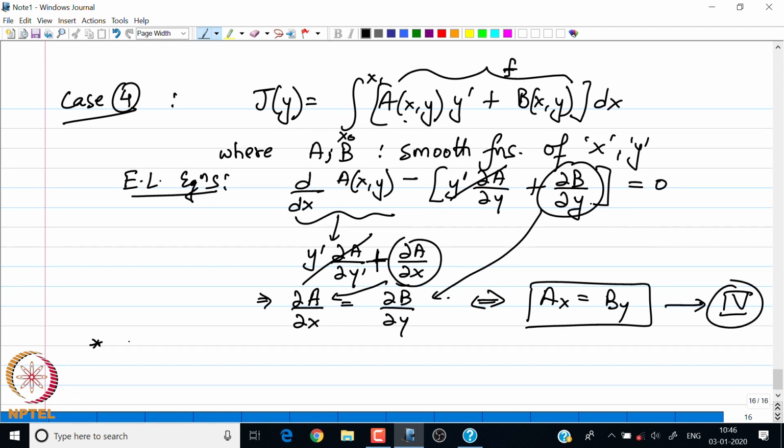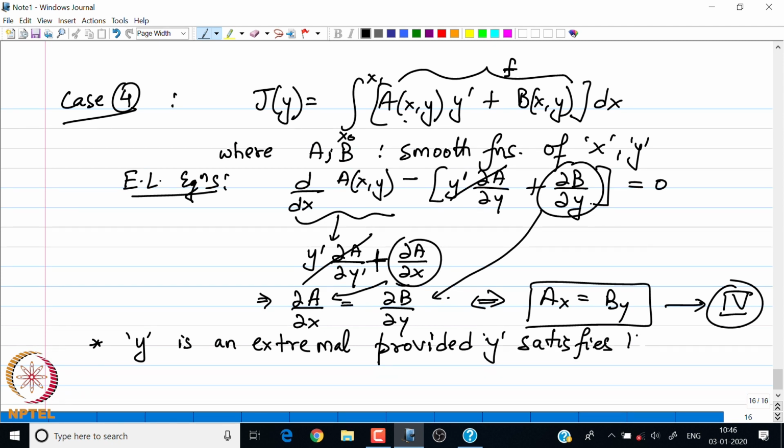So, there are two observations. We say that y is an extremal in this case provided y satisfies 4, right.